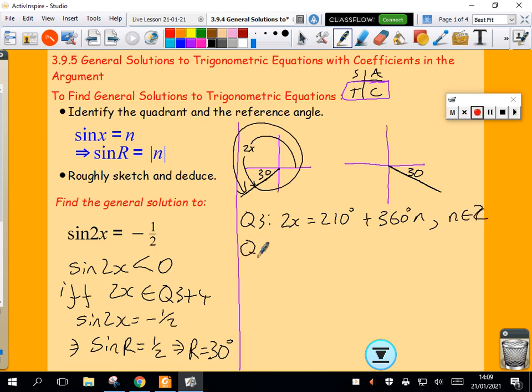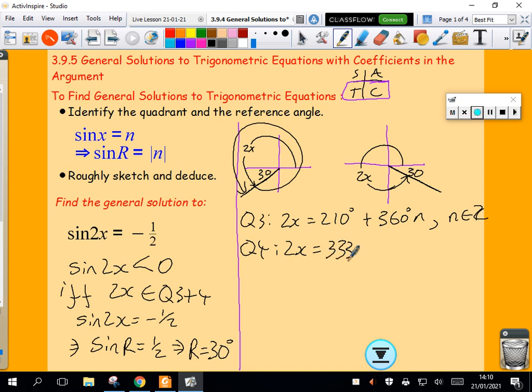In quadrant 4, my first time I'll hit that terminal side as I rotate around will be at around 330 degrees. So 2x, remember that's 2x, could be equal to 30 degrees shy of 360.